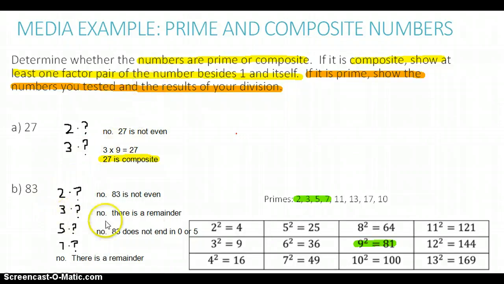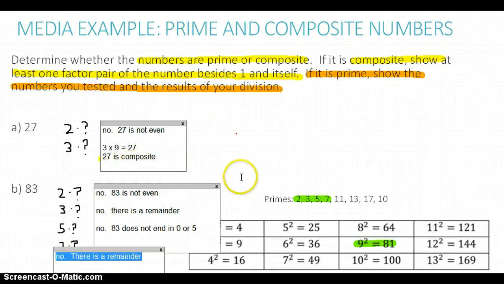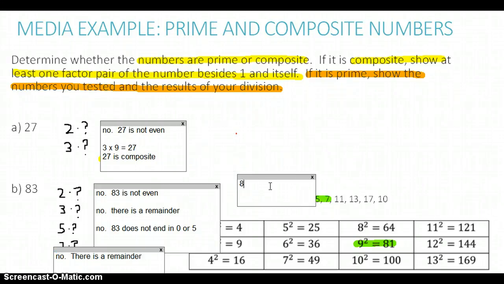So for 83, we've checked all prime numbers that we needed to see if it was divisible by them, and it wasn't. So this tells us that 83 is prime. 83 is prime.